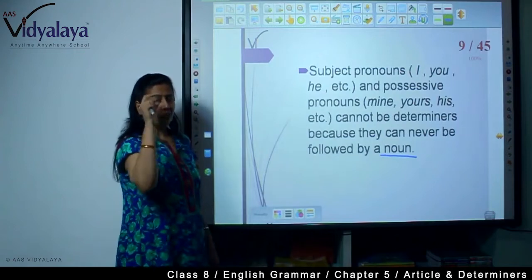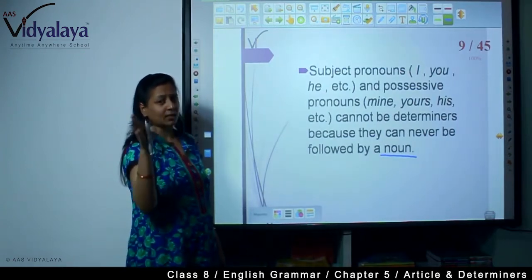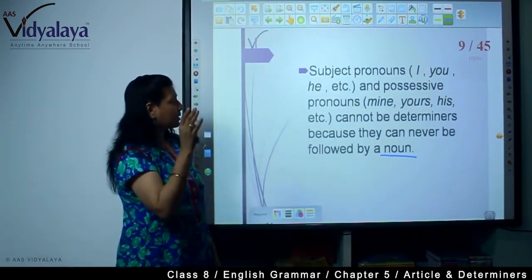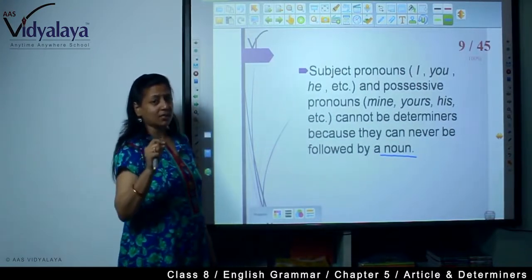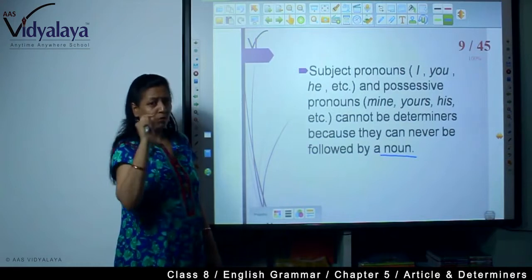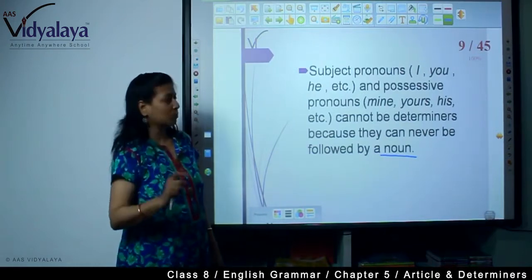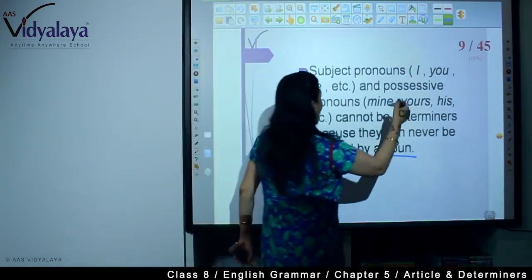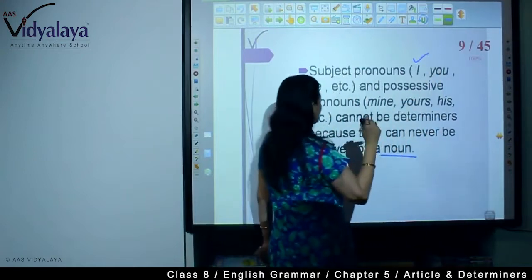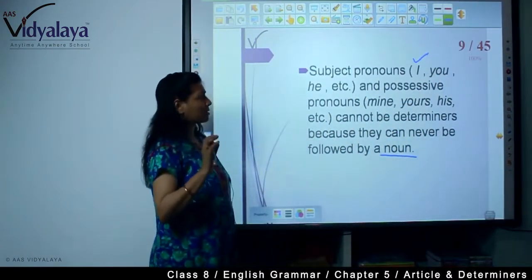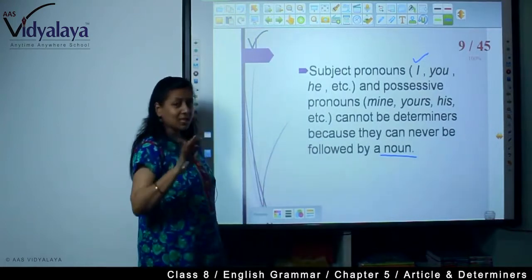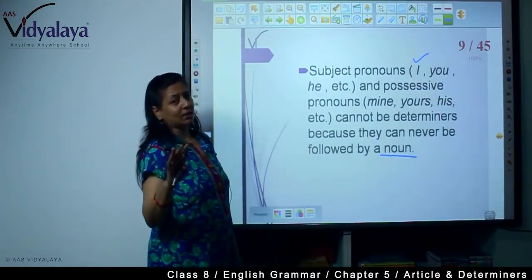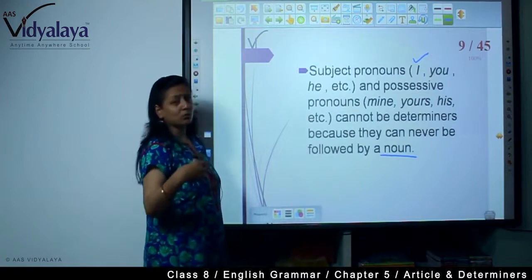If a word is not followed by a noun, it cannot be a determiner, but a determiner always modifies nouns. So, I, you, he, etc., subject pronouns cannot be determiners. Possessive pronouns cannot be determiners because after these, a noun doesn't come.